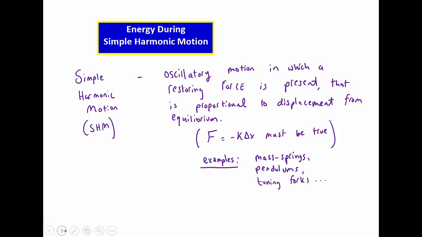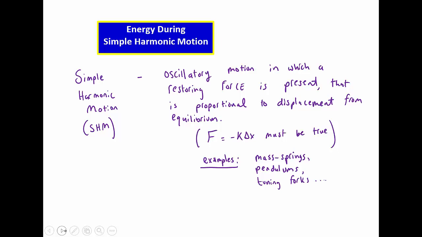So let's first talk about what is simple harmonic motion, abbreviated SHM for short. Basically, simple harmonic motion is oscillatory motion in which there's a restoring force that is always proportional to an object's displacement from some equilibrium.